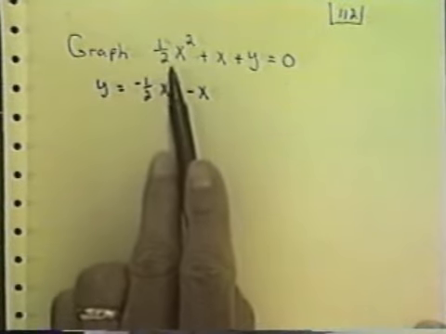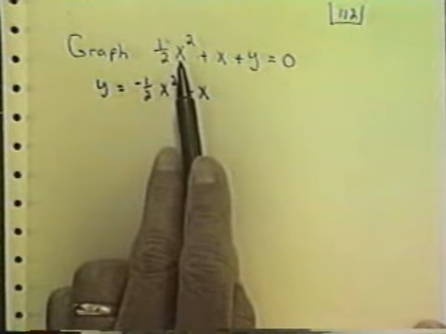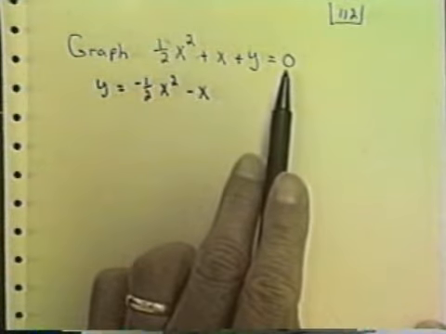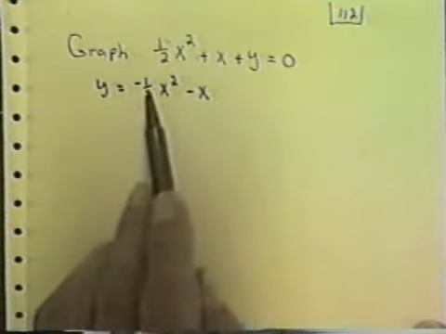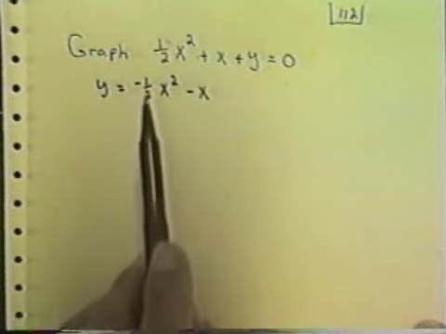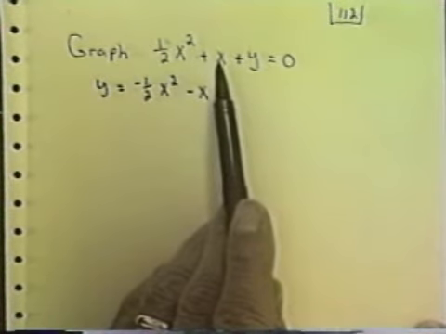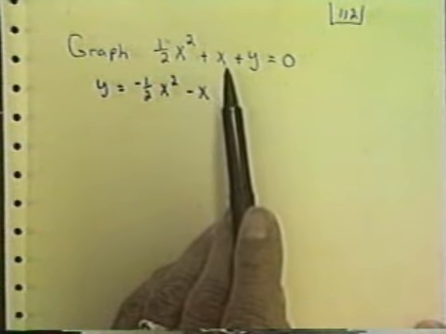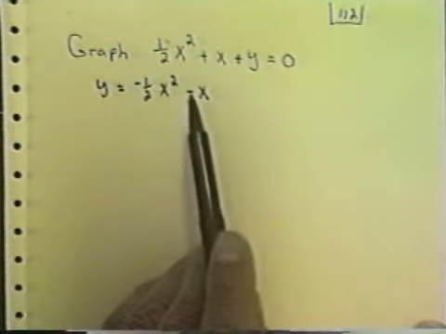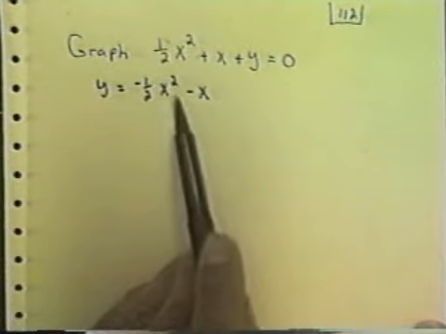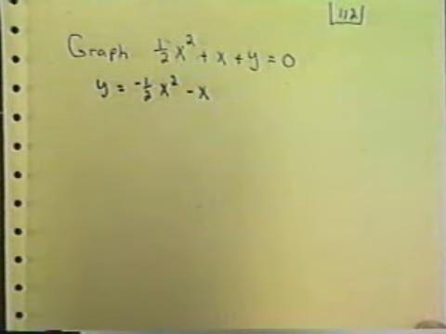Now if I add a negative 1/2 x squared to the left, it just cancels it. If I add a negative 1/2 x squared to 0, I'd have 0 plus a negative 1/2 x squared, or negative 1/2 x squared. If I add a negative x to the left, it would cancel this x. If I add a negative x to the right, I would have negative 1/2 x squared minus x.